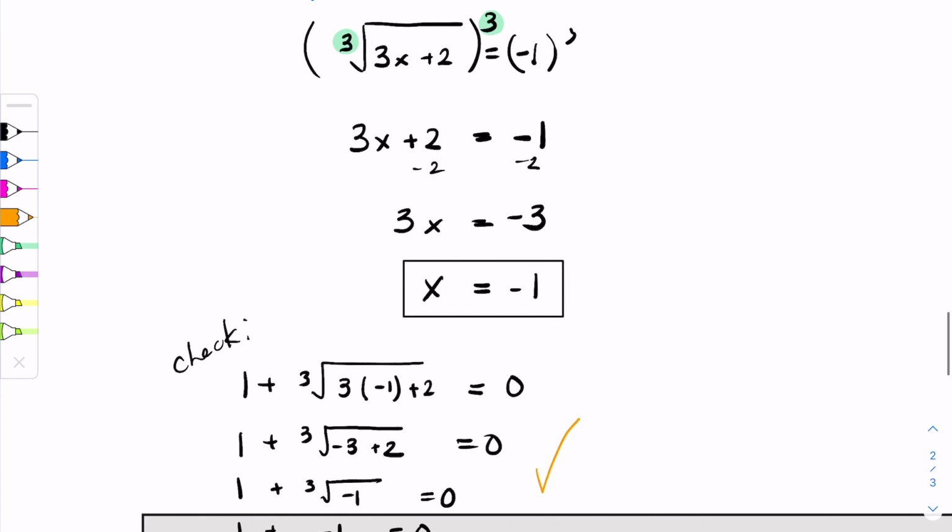That is correct. So this is your answer. And just to go back to that, the cube root of negative 1 is negative 1. Cube roots can have negative answers.